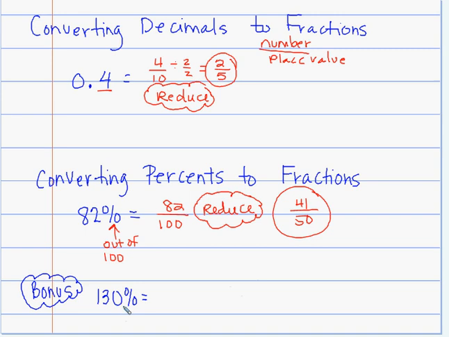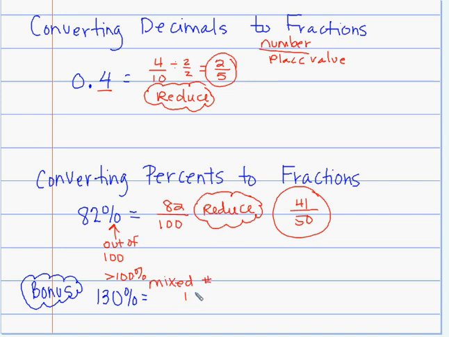Now what happens when we have 130%? Well, out of 100, if I put 100 out of 100, that would be equivalent to the number 1. So anytime you have over 100%, you will have a mixed number. Greater than 100%, you'll have a mixed number.